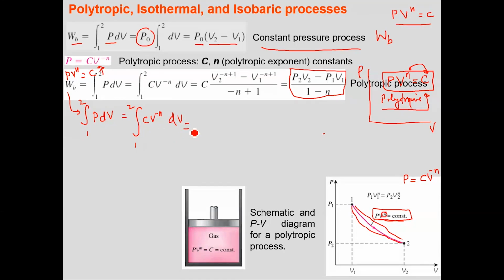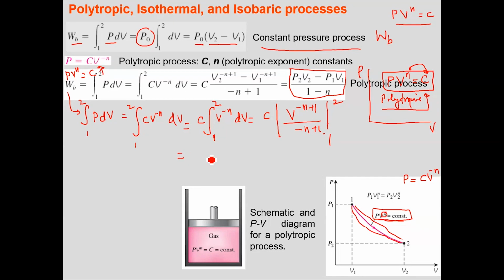Now, since C is a constant, I can bring it out of the integral. C is out, and now we have to integrate V to the power minus n dV from 1 to 2, which is the boundary work. This I can further write as constant times V to the power minus n plus 1 over minus n plus 1, once I have taken the integral from 1 to 2.